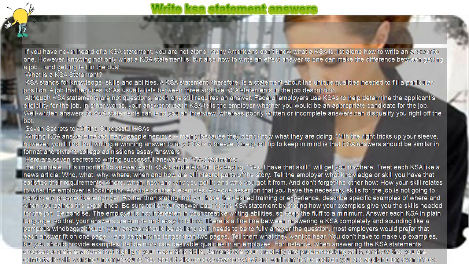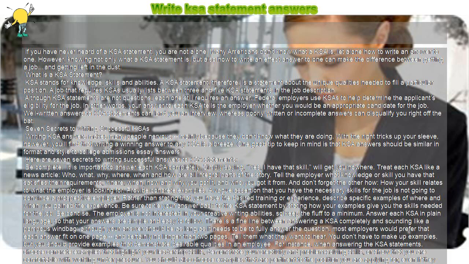Be complete. It is important to answer each KSA completely. Simply saying, "Yes, I have that skill," will get you nowhere. Treat each KSA like a news article. Who, what, why, where, when and how are all integral parts of the story.